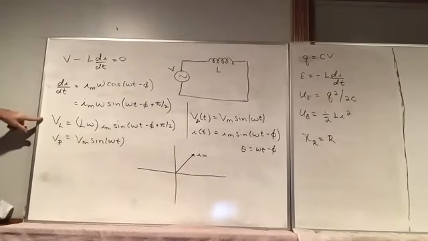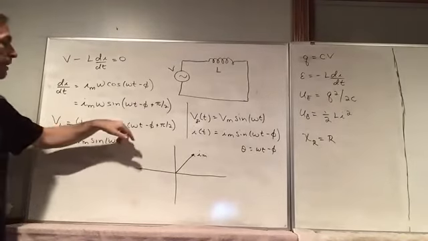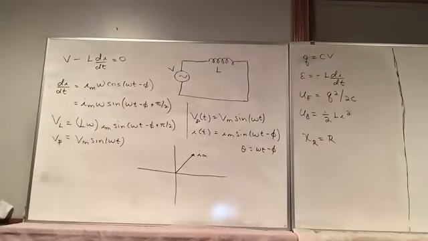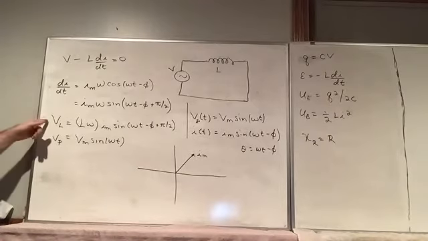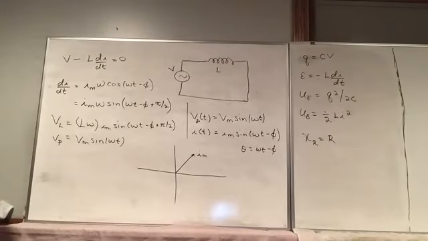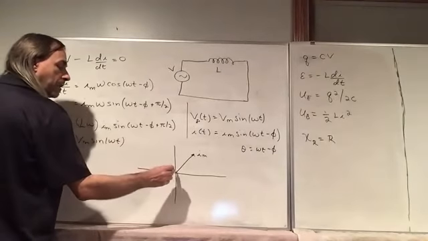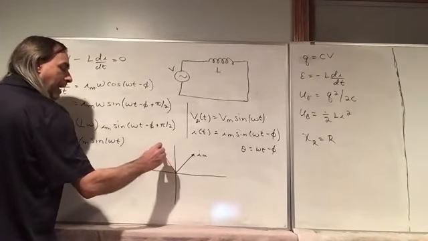across the inductor, so we have sine omega t, the angle that defines the current phasor, that's just theta, omega t minus phi. But now the voltage across the inductor leads the current by pi over 2. So it's 90 degrees ahead.